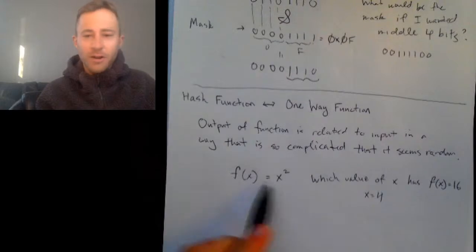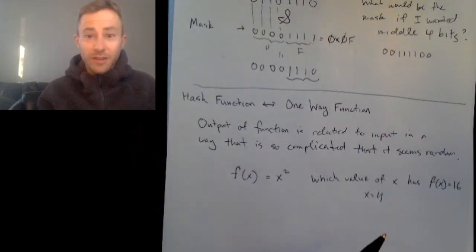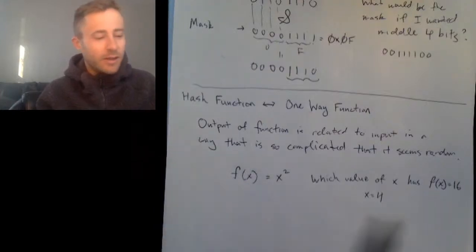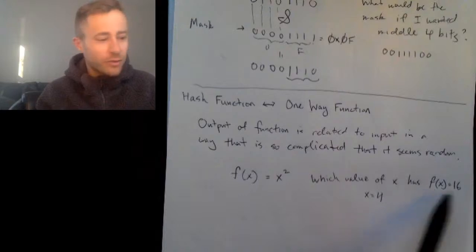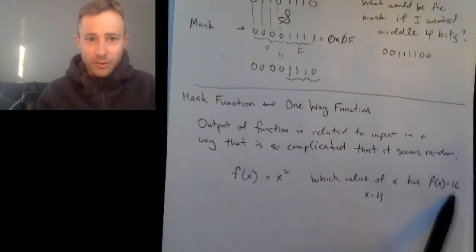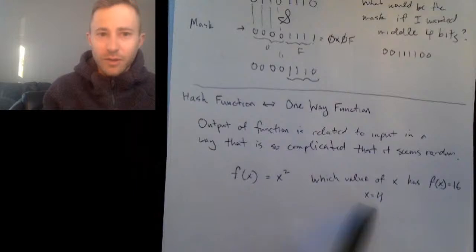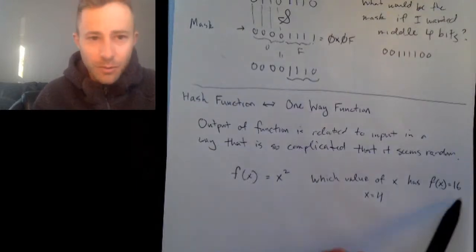Because 4 squared is 16. So that is really easy. We can find the value of x fairly easily just by taking the square root.